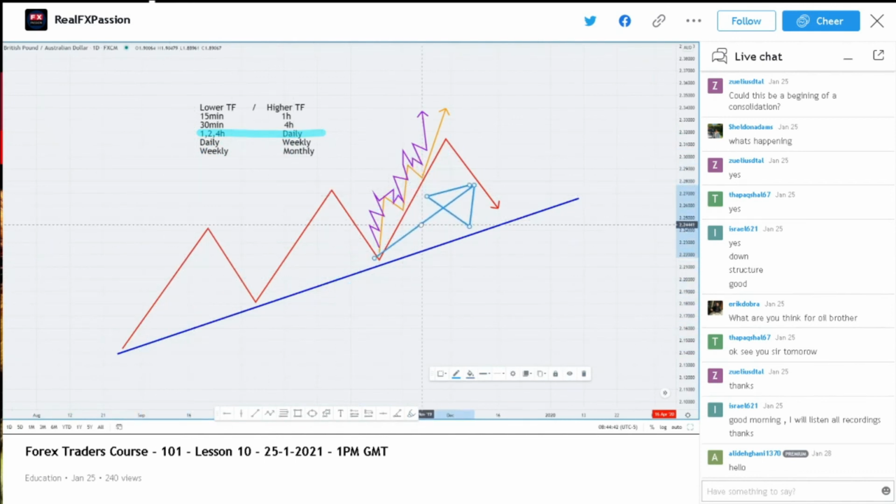And this is what we are trying to understand as beginner traders, that not everything is the same. What seems like a good entry from one time frame may be a very bad entry, for different reasons, from another time frame.